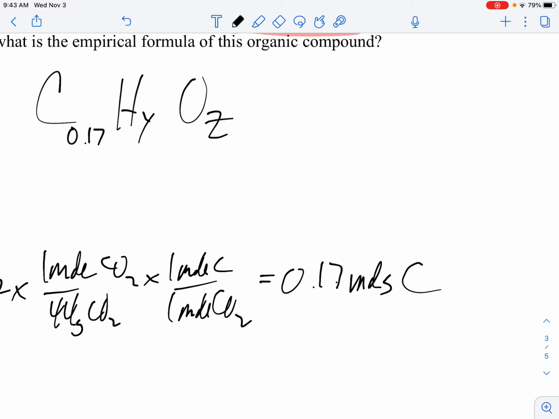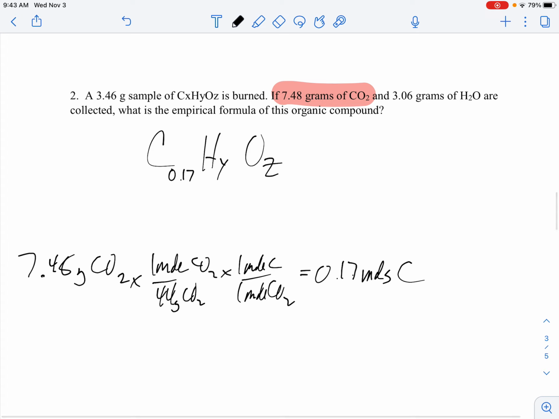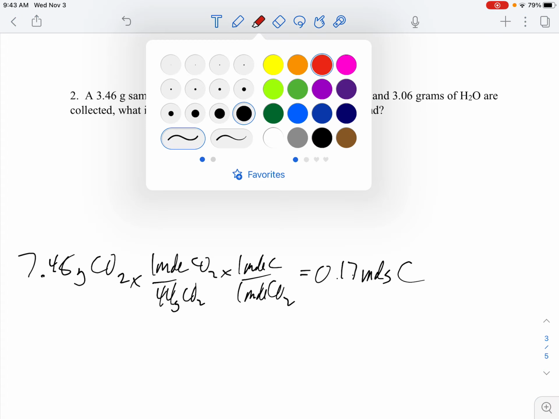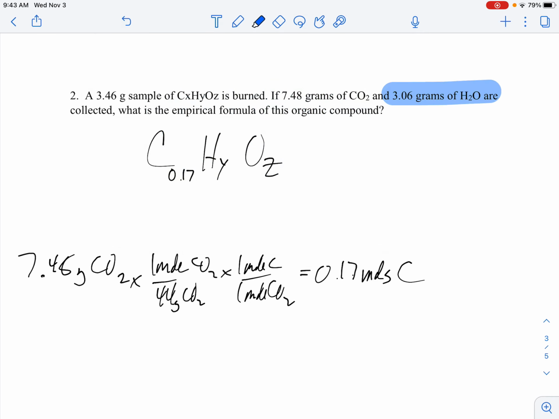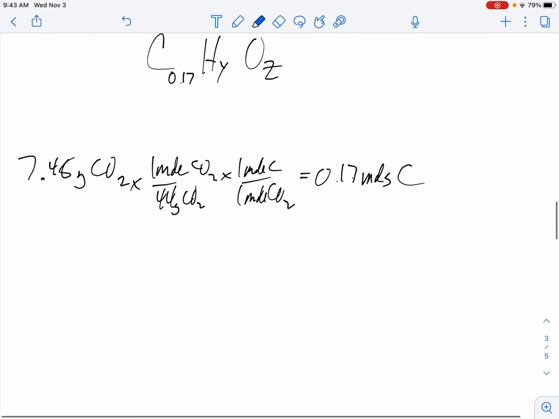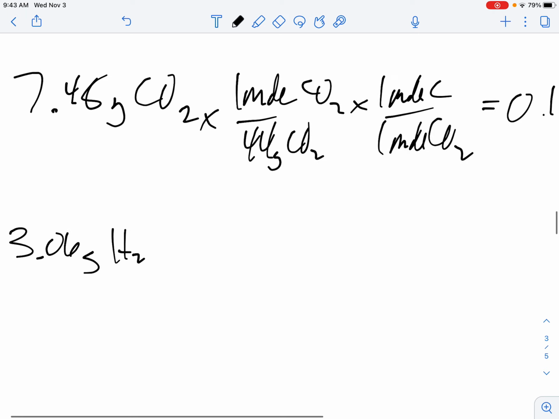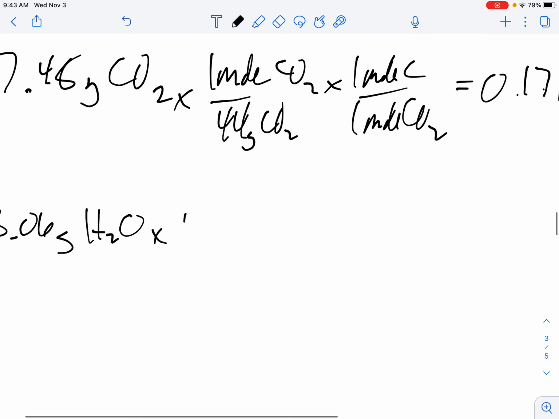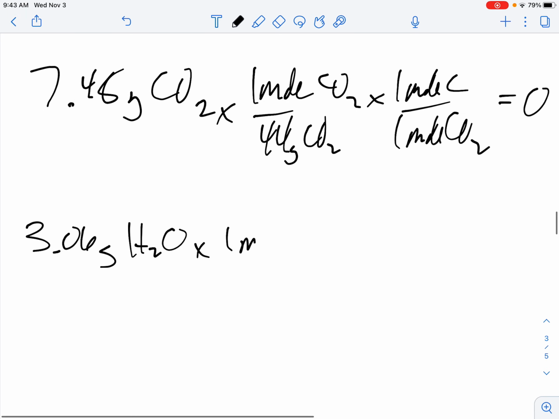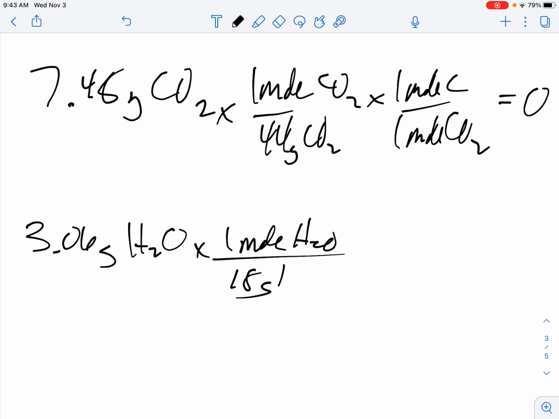That's there, like so. And then I can do the exact same thing, except now I'm going to do it for the water. So here is the water, 3.06 grams of water. So fine. So I have 3.06 grams of water at 1 mole of water per 18 grams of water.